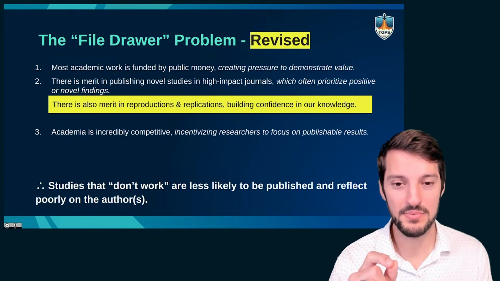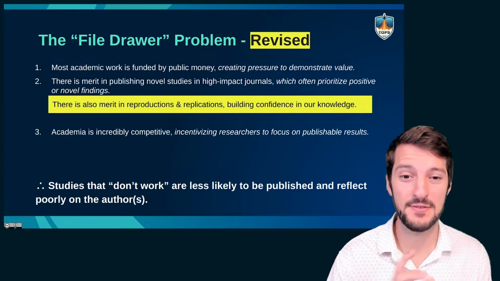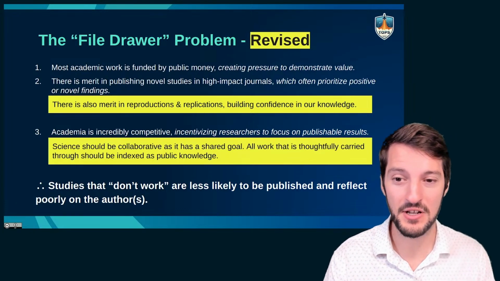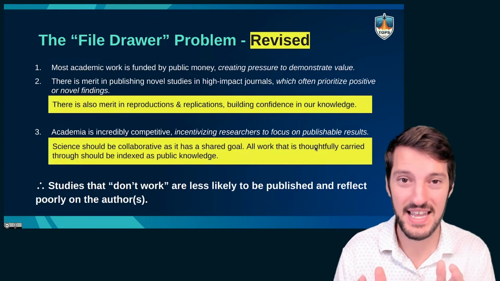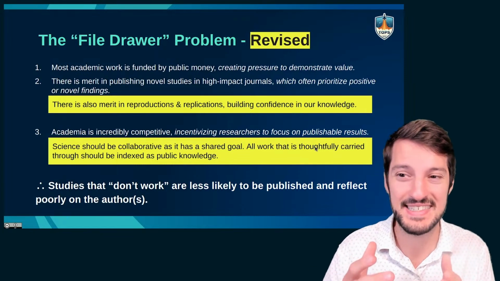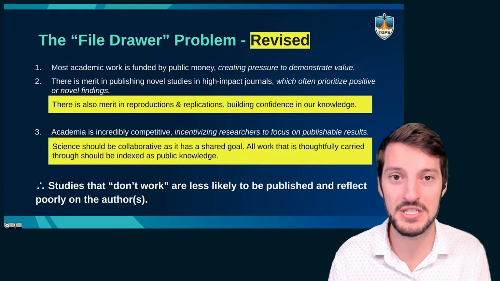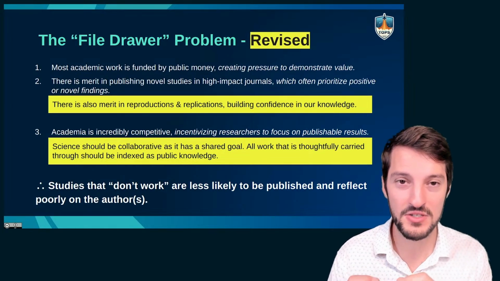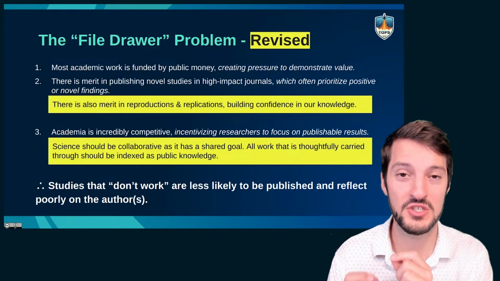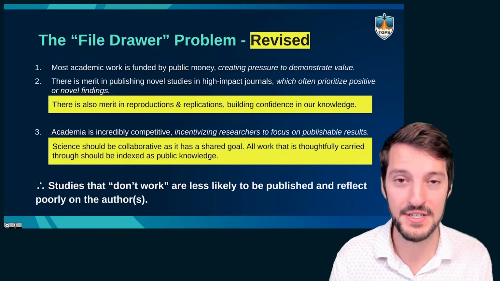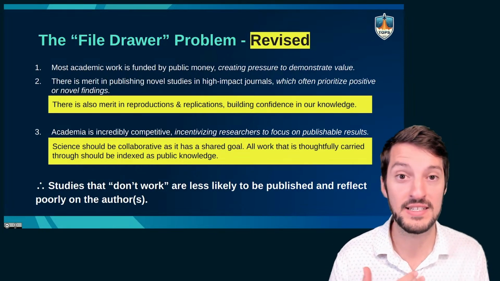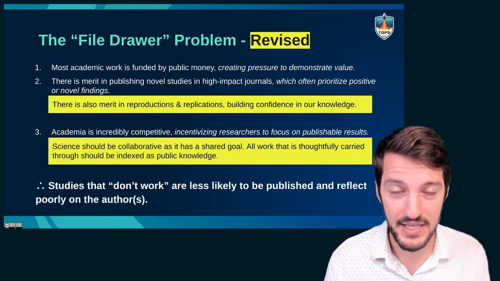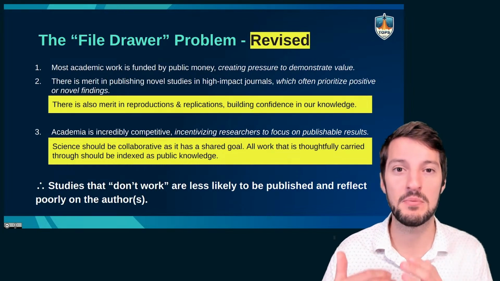Academia is incredibly competitive, and this incentivizes researchers to focus on publishable results. And my spin on it is that, well, yes, science should be competitive to an extent, right? Because we want to use this competition in order to drive research findings. But this also is a slightly double-edged sword, because this high competitiveness can drive researchers to do things that are questionable or unethical, or even lie, in order to receive academic merit.